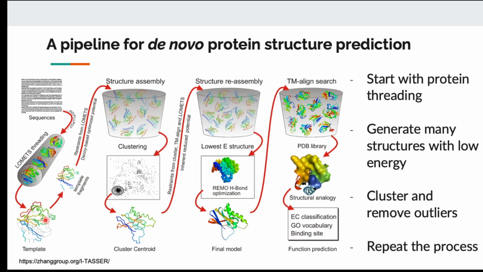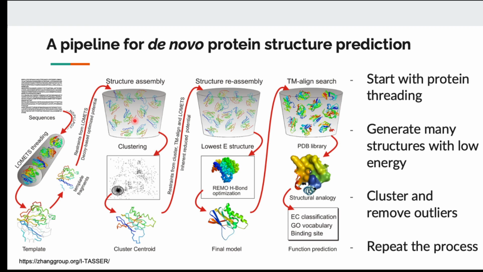Then you integrate everything together into this Frankenstein of a protein, and then you optimize the structure. Optimizing the structure means that we are moving the atoms around based on the laws of physics, adjusting the position of each atom in the structure. So you generate a whole bunch of possibilities. These are all possible structures based on the many ways that we can adjust the atoms and the residues on this template.